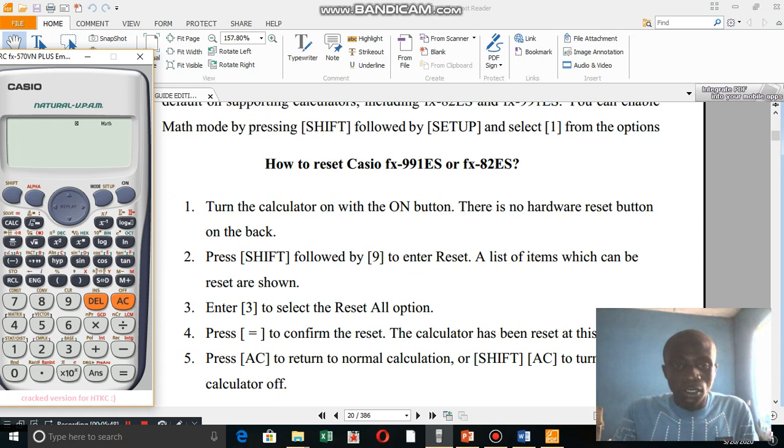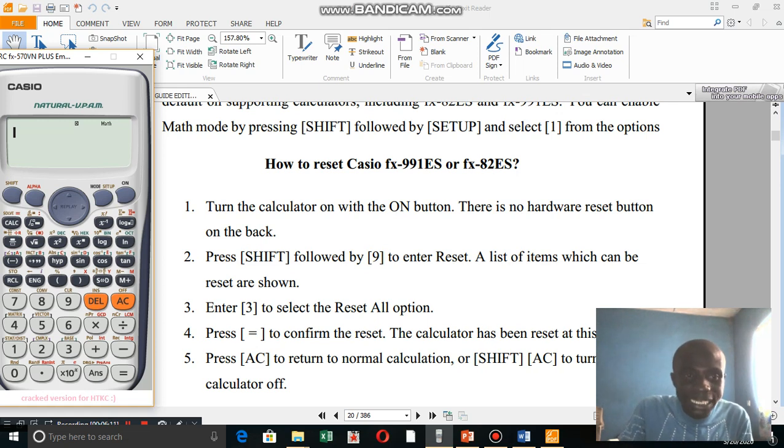Now, there are different topics in core mathematics, and we have calculator modes. For example, when you want to change the mode of your calculator from the normal mode, by default it is at Math IO.